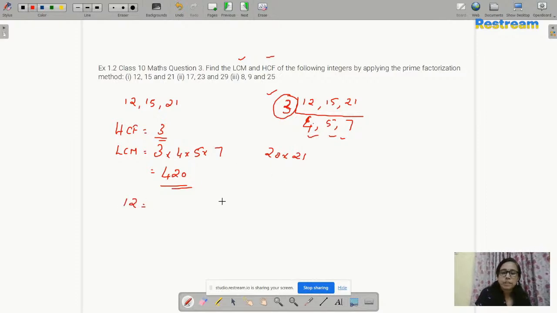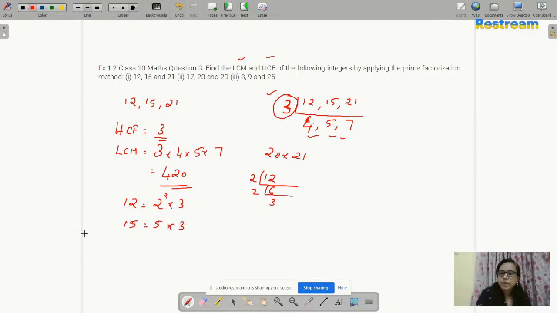Okay, you can factorize each number separately. 12, 2, 6, then 2, 3, right? So 12 is equal to 2 square into 3. The next one, 15, we can take separately. 15 is equal to 5 into 3.